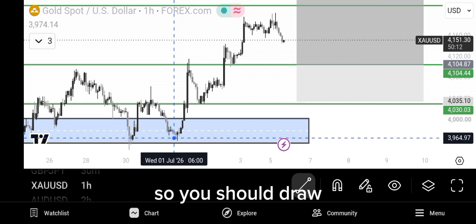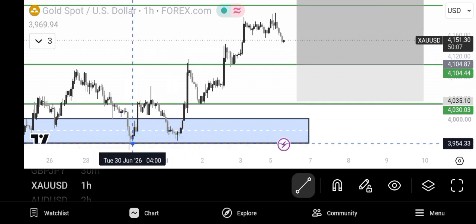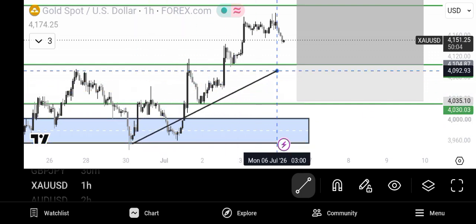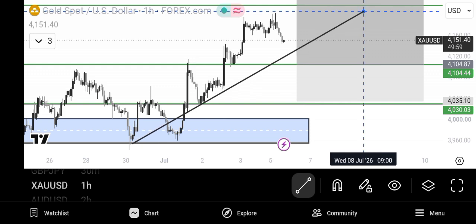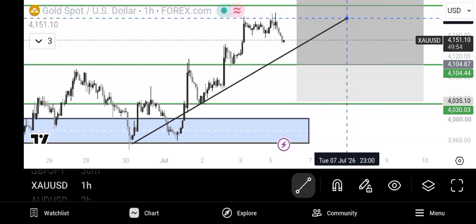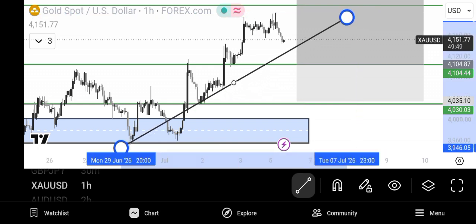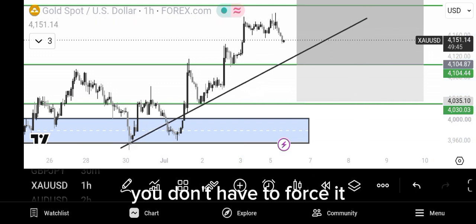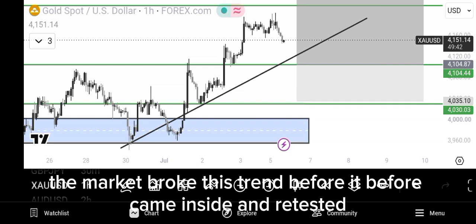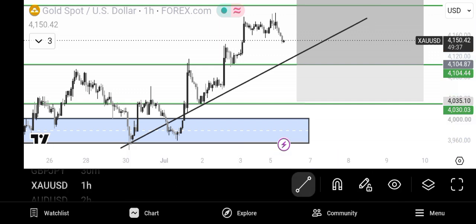So we should draw a trend line from this low. The market broke this trend line before, came inside and retested, and started going up.